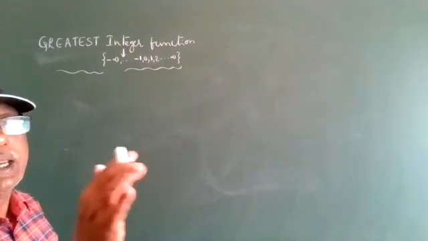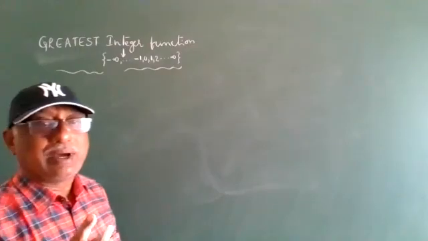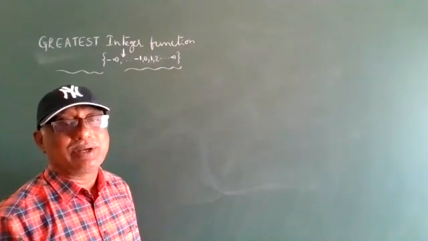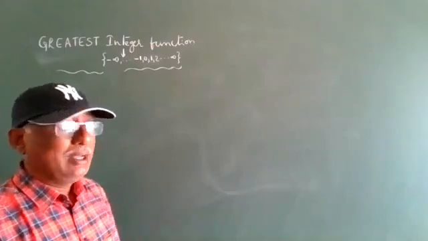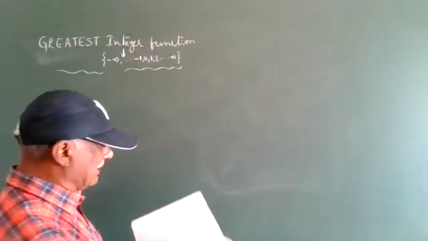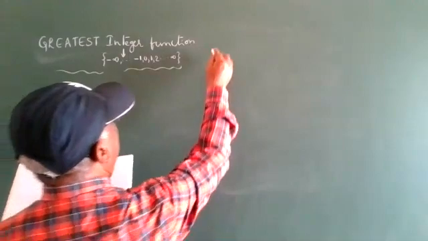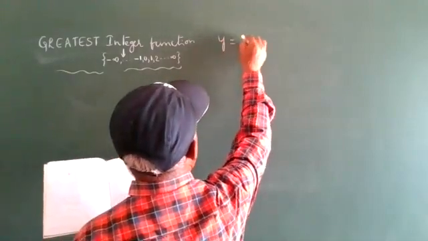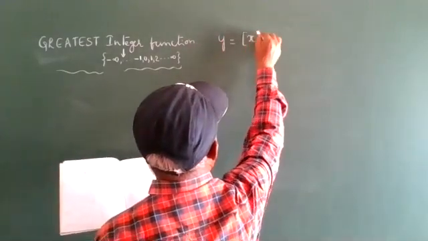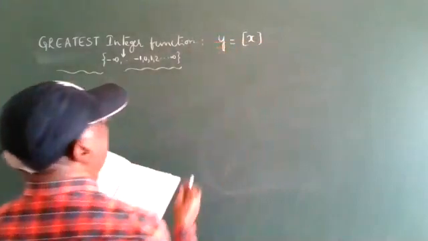In this greatest integer function, we should write it properly. Okay? What is the greatest integer function? The symbol is y is equal to box of x, or closed bracket of x.